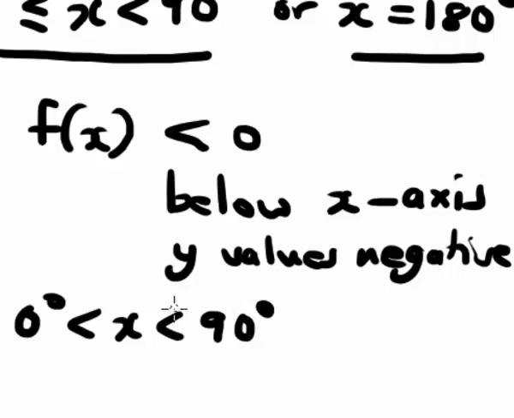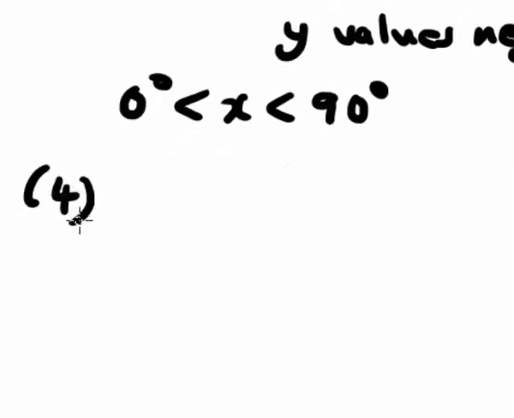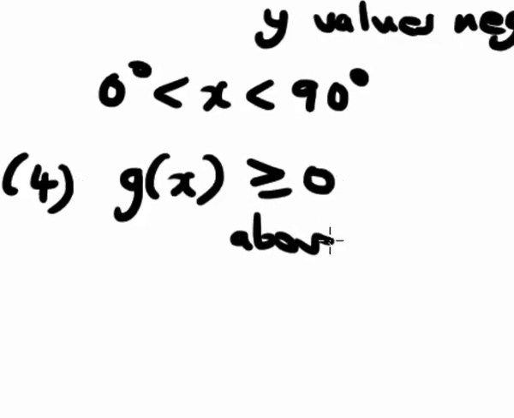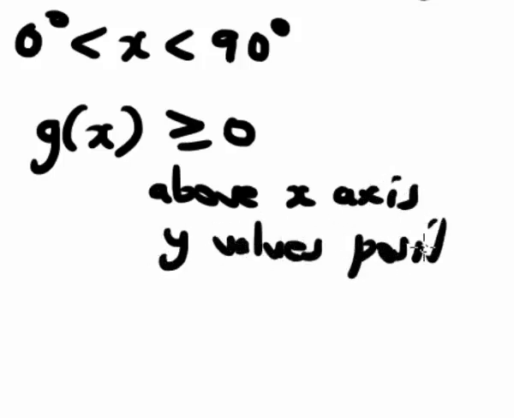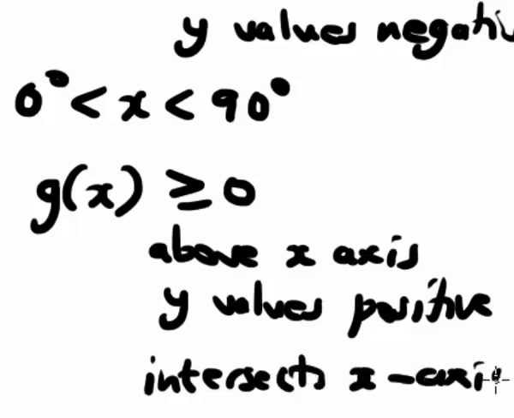And the next question, number 4. They could ask you, for example, where is the graph of g bigger than or equal to 0? That's above the x-axis, where the y values are positive, or even where it intersects the x-axis. So let's check that.